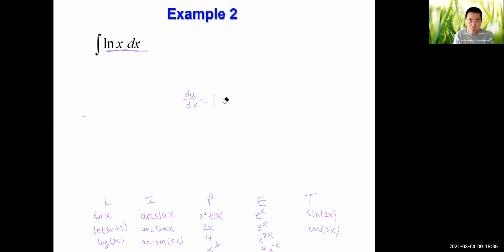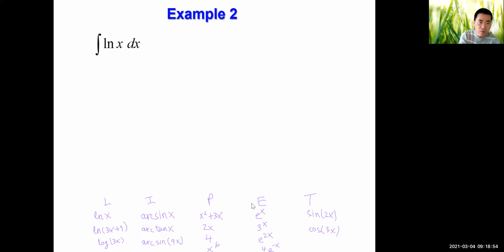In this example, we have the integral of ln x dx. Again, we're using integration by parts. When we talk about integration by parts, we have 2 parts, so you expect a product of 2 functions.